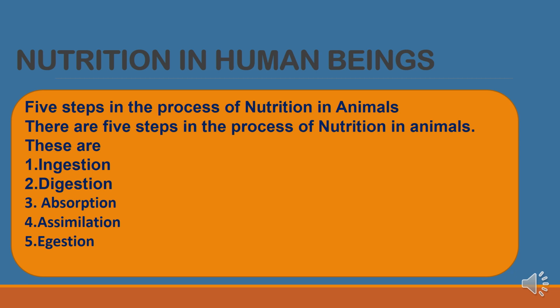In assimilation, the food which is absorbed is used by the body cells for obtaining energy as well as growth and repair of the body. And then egestion. In egestion, the undigested food that is not absorbed by the body will be released out of the body through the rectum and anus.